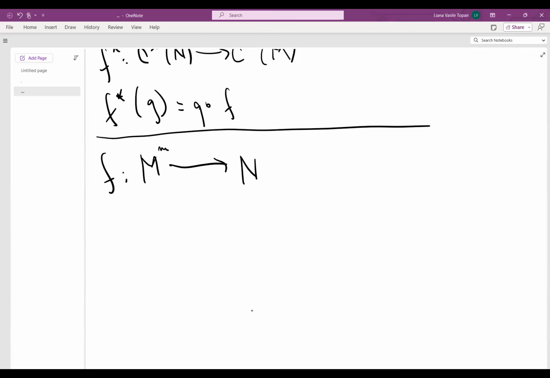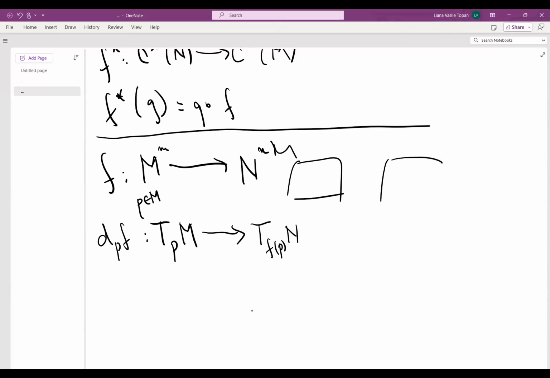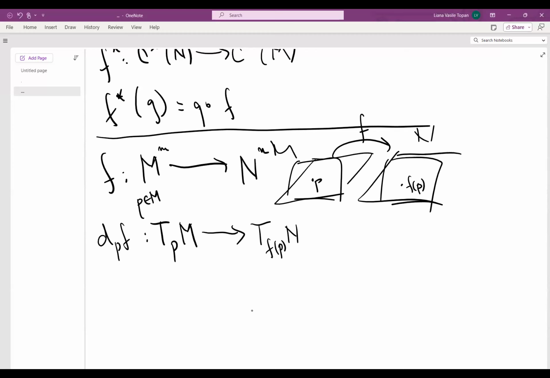So suppose that f is a map from a manifold M, an m-dimensional manifold, into an n-dimensional manifold N. Then we take a point P in M, and we can define the differential of f at the point P. This will be a map going from the tangent space at P to M into the tangent space at f of P to N. So remember, say this is M, then you have another manifold N, you have a map between them, and then a point P and its image through f, and then the differential will go from the tangent space here into the tangent space here.